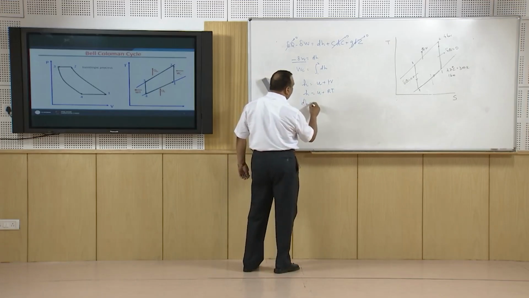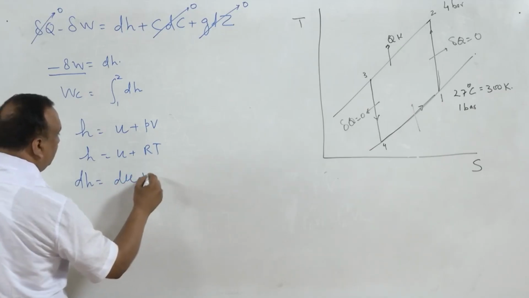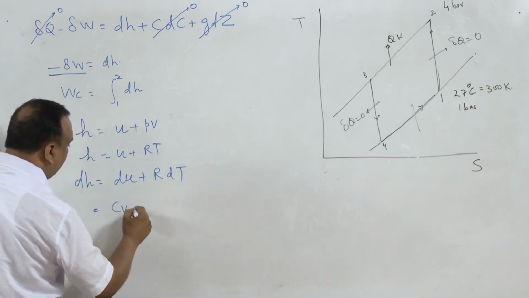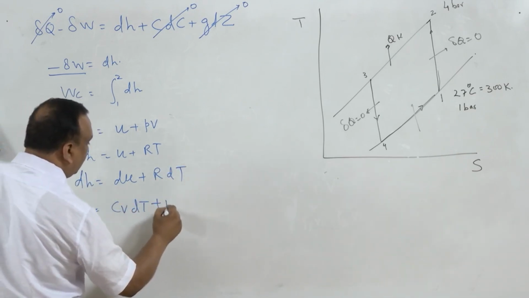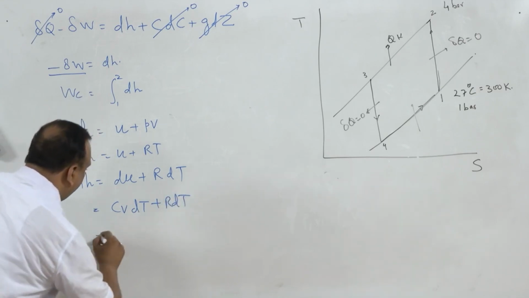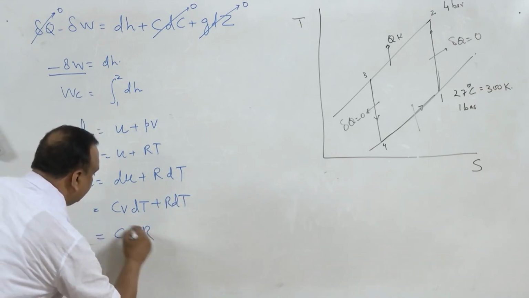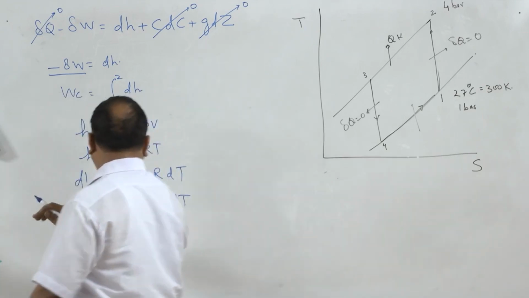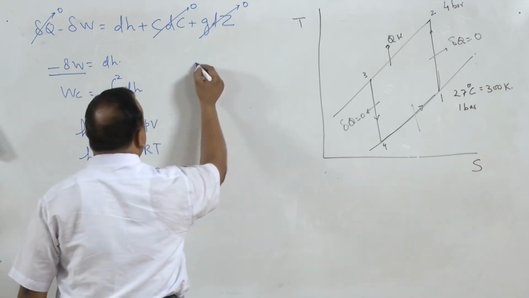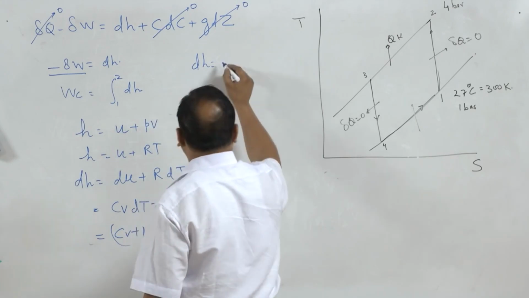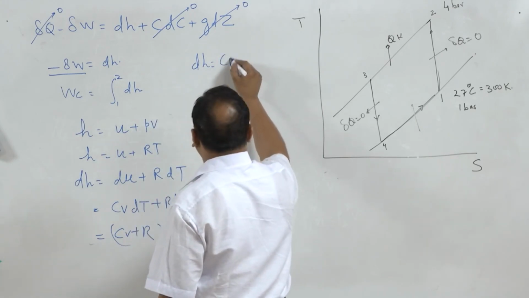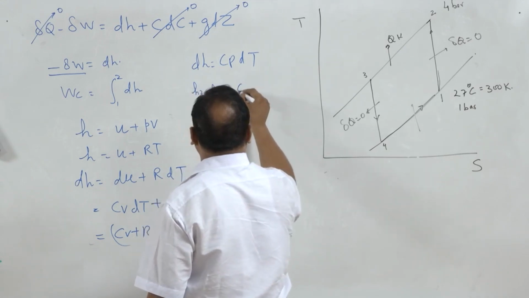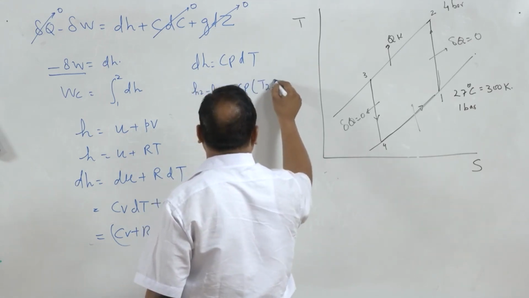So, dH is equal to dU plus R dT, or dU is always Cv dT, so dH is Cv plus R dT, and so dH is equal to Cp dT, or H2 minus H1 is equal to Cp (T2 minus T1).